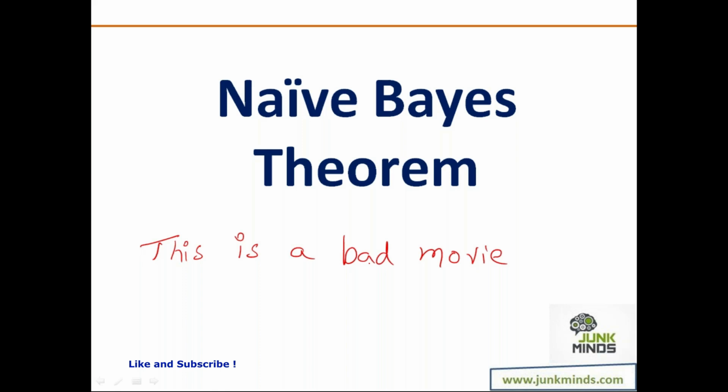So because of this word bad, you understand that this is negative. Now, what your Bayes theorem will do is it will analyze these words, the way we looked at the words and we knew that this word bad is a negative term, saying that the movie is not good, so we said, okay, this review is negative. That is exactly what your Bayes theorem will do. It will go on this concept of tokenization.